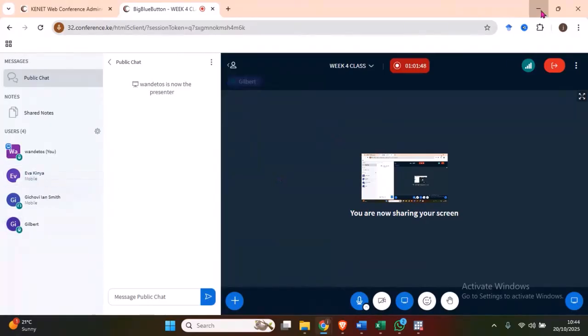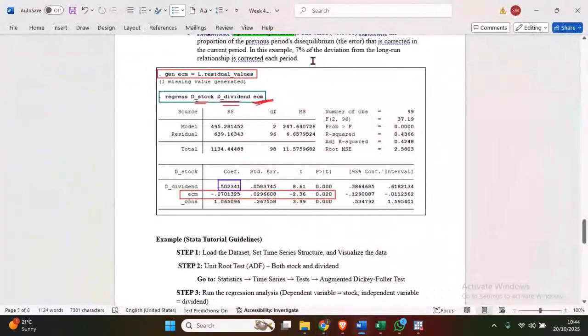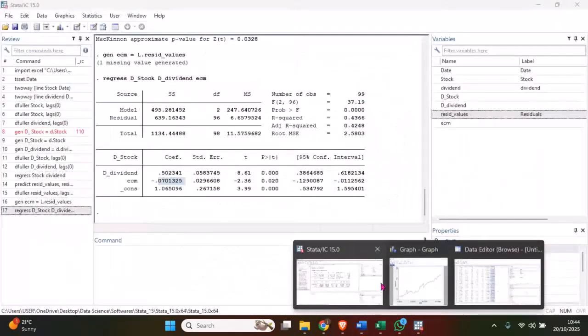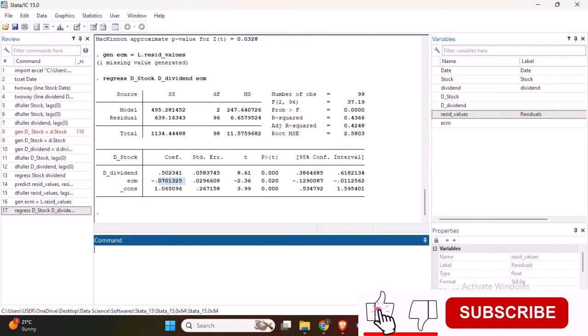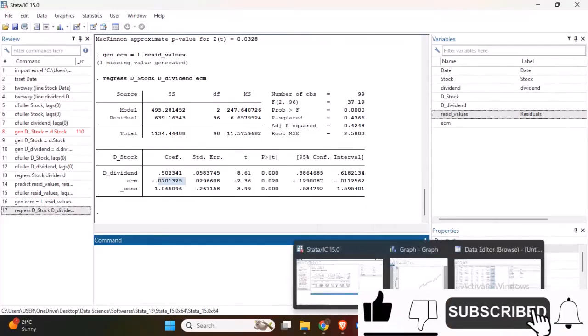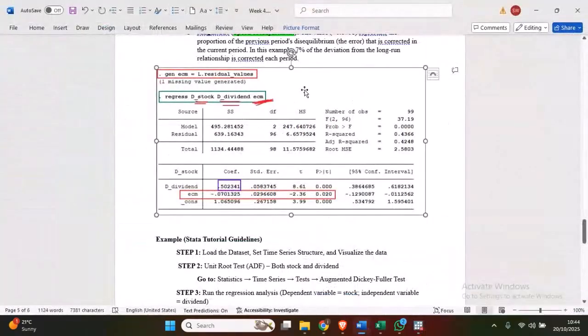Good. So I was just summarizing and explaining that what we have obtained here is exactly the same as what I was explaining in this case, where I was saying that the important aspect to consider is this coefficient, and then the ECM.